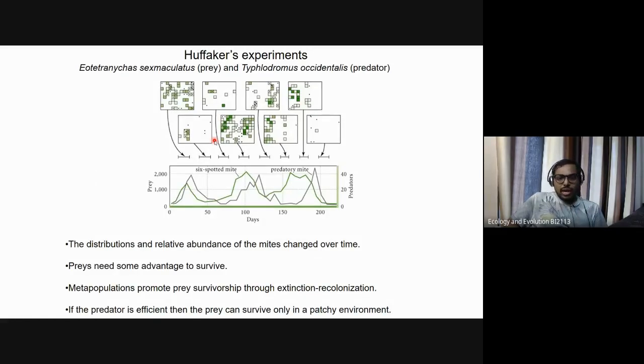So he showed that if you don't have the advantages directly, then one thing which can lead to the prey and the predator remaining together is a pretty complicated spatial arrangement, so that the prey can, in a metaphorical sense, always be one step or two steps ahead of the predator. If that doesn't happen, then the prey will always go to extinction. There is nothing else that can happen.